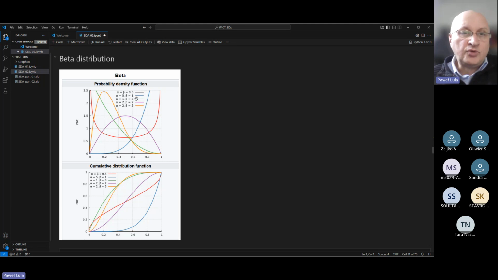If we want to do it, we should use the beta distribution because this distribution has probability density function values greater than 0 only in the interval from 0 to 1.